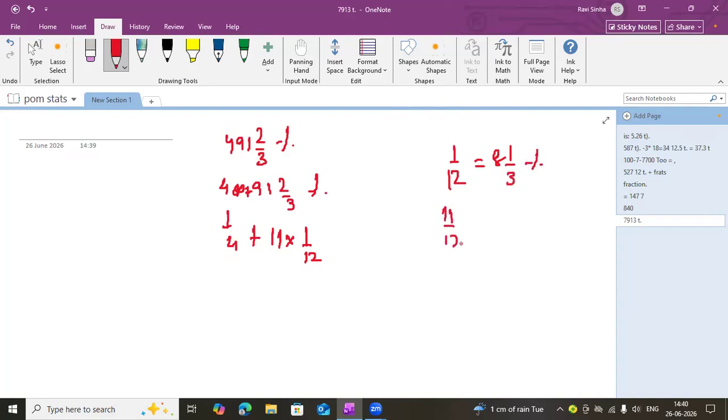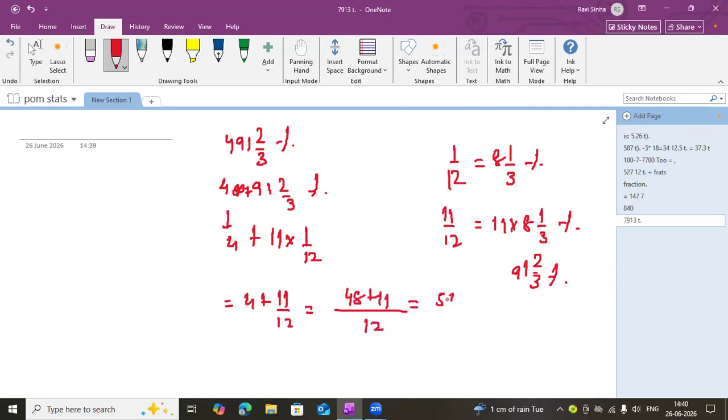So 11 by 12 is 11 into 8 1 by 3%, which is 91 2 by 3%. So this is 4 plus 11 by 12, 48 plus 11, 59 by 12.